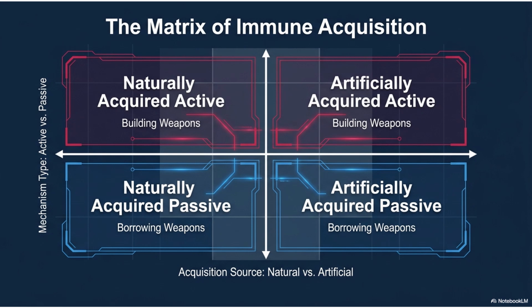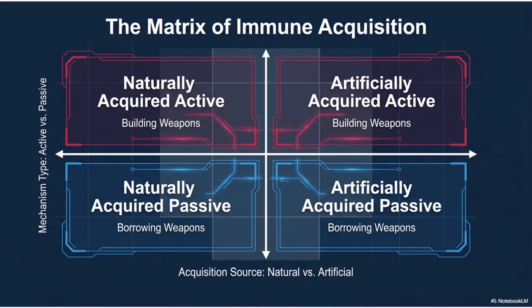So before we go into detail, let's establish the master framework, this matrix of immune acquisition. Every type of adaptive immunity can be sorted along just two questions, and that gives us a simple 2x2 grid. The first question, as you see in the rows, is, did the body do the work itself, or did it receive already made protection?